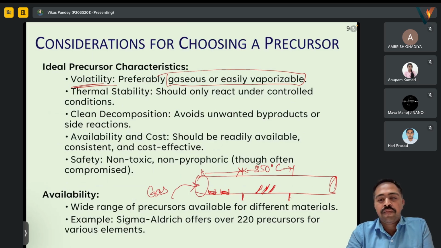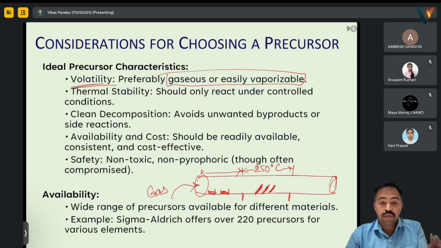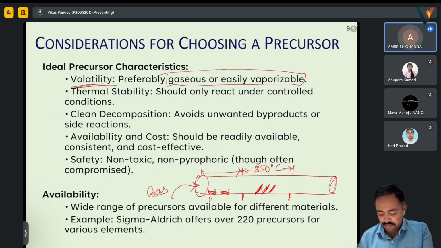Anyone? Just answer this much, whether it should be more than 850 or less than 850. It is vaporizing at 850, right? No, the reaction is taking place at 850, the actual reaction we want. So should the evaporation take place at a lower temperature or higher temperature? It should happen at lower temperature.